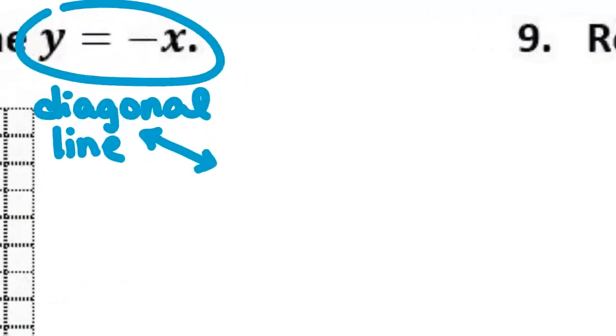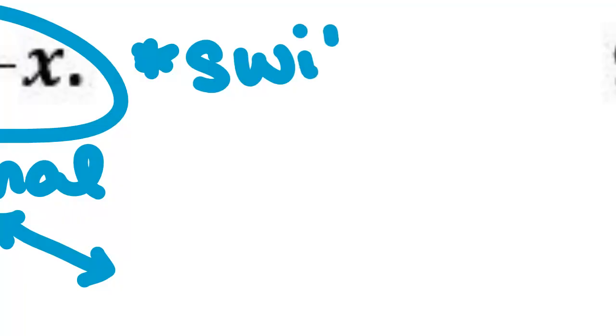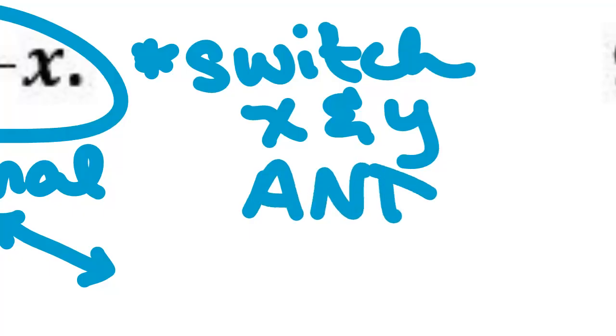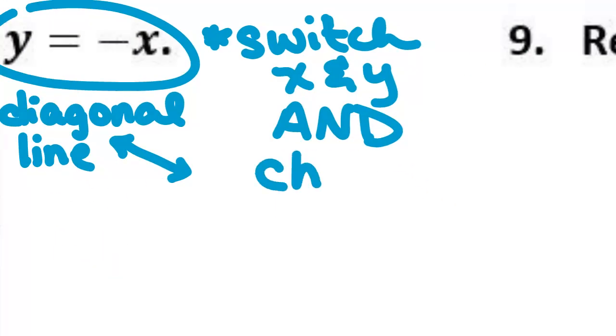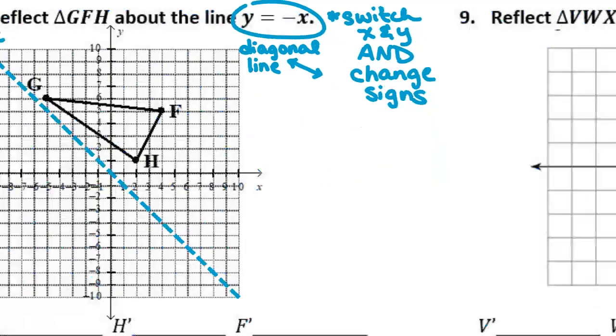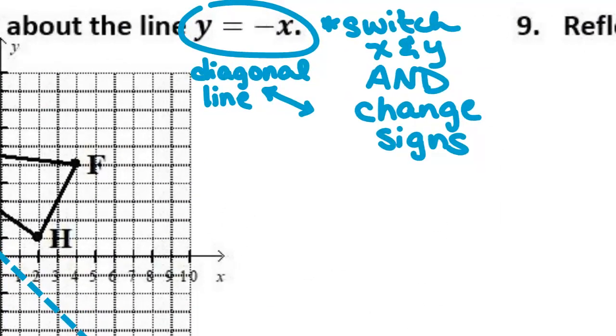To do this reflection, we will switch x and y, and we will change the signs. So what is the ordered pair for point G?